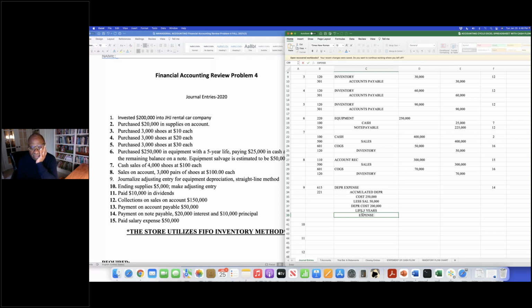So we take the total cost, reduce it by salvage, now we divide it by the life. Anybody calculate that? 40,000. That's going to be 40,000. So that's our journal entry amount, 40,000.